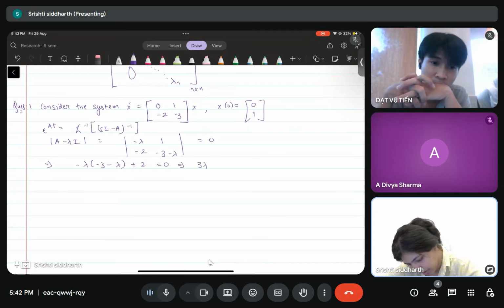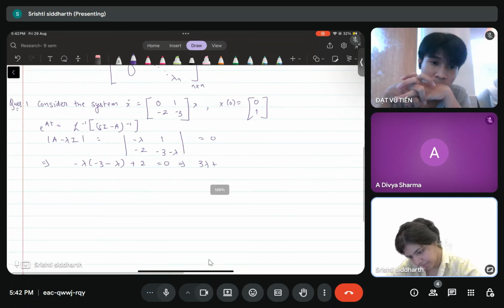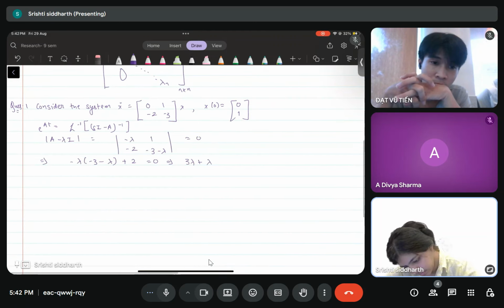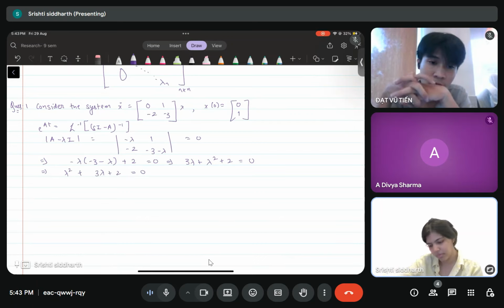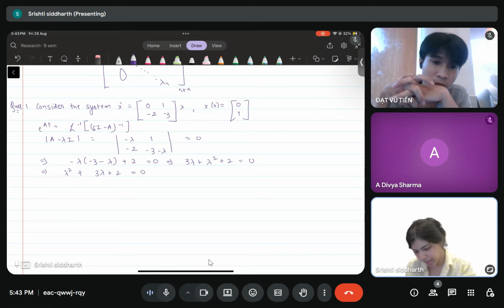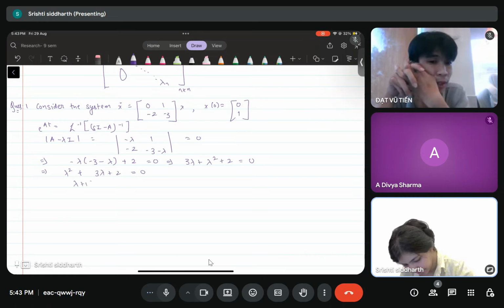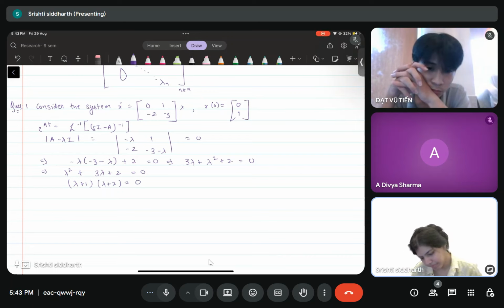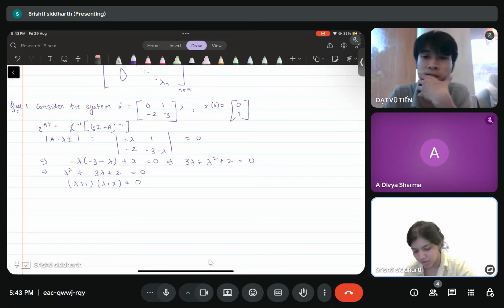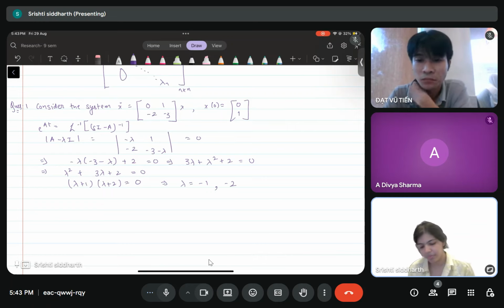This is 3 lambda plus lambda square plus 2 equals 0. And I think this is lambda plus 1, lambda plus 2. Okay. So the eigenvalues are minus 1 and minus 2.